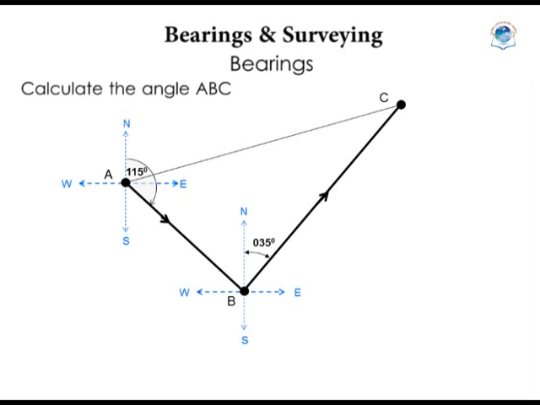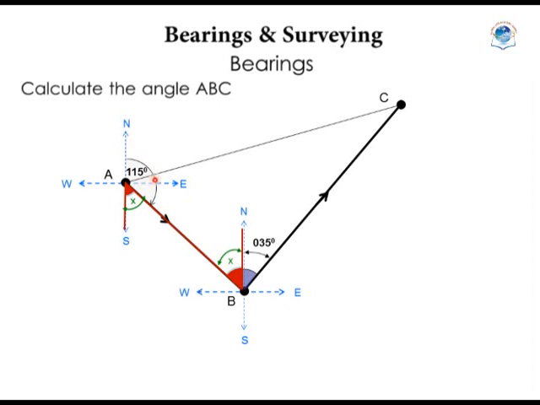Now calculate the angle ABC. This is the angle. We already have 35 degrees, and so we are remaining with this one here. We call it X. Let me have these lines. Because all north-south lines are parallel, it means line AB is a transversal, and angle X is alternate to this angle here, which means they are equal.